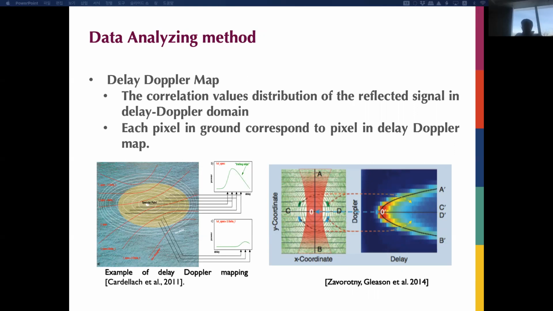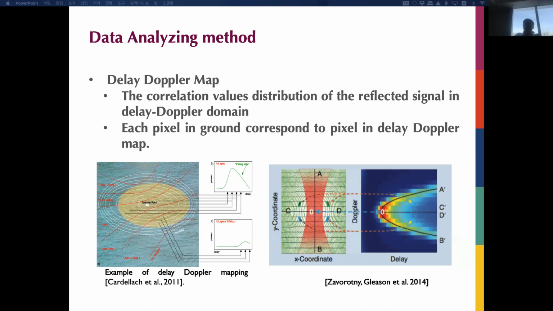Surrounding this point, you can draw an ellipse, which is called the iso-Doppler frequency line. On this line, every Doppler frequency has the same value. The hyperbola lines are called iso-delay lines, and on each of these lines the delay has the same value.